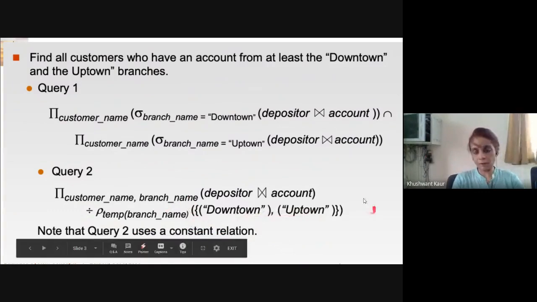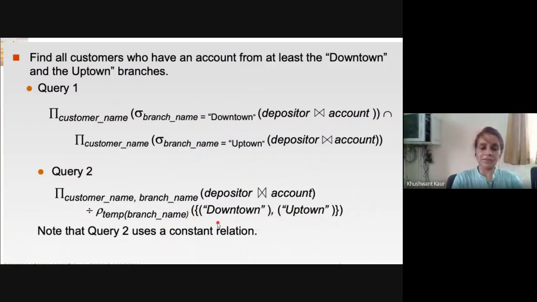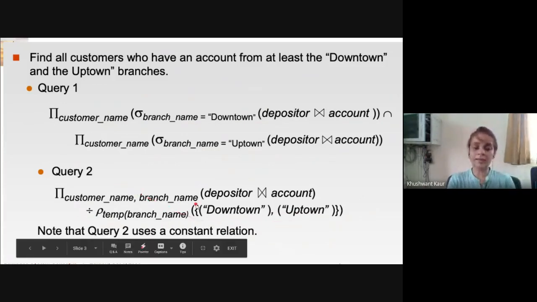So we will put them in round brackets, and under these round brackets we have formed a set. Just like we write a SQL query which says where branch name between this and this, or where branch name like this comma this. So it is working similar to the like clause in SQL.